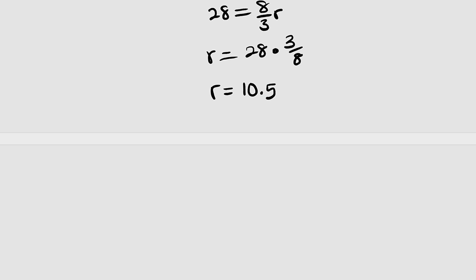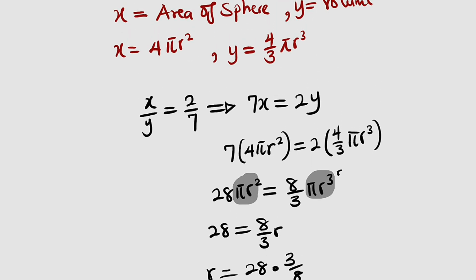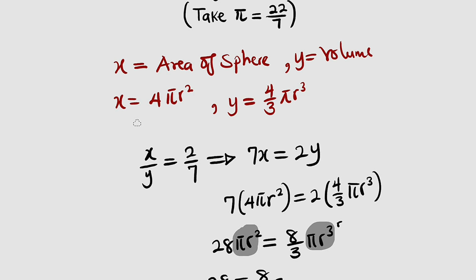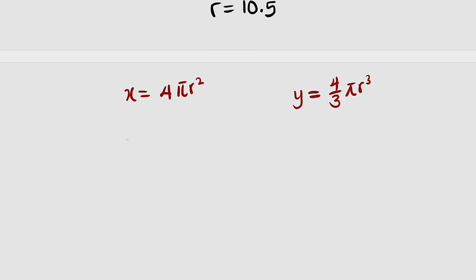But it's not r that we are looking for, or rather x and y. Let us bring back their main equations. So this is what we have. So these are the two equations for x and y. Let's substitute pi and also the radius. So x is equal to 4 multiplied by 22 divided by 7. Remember, that's what is given to us from the question.